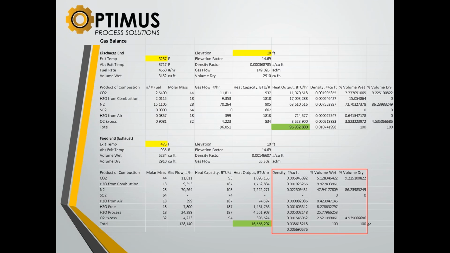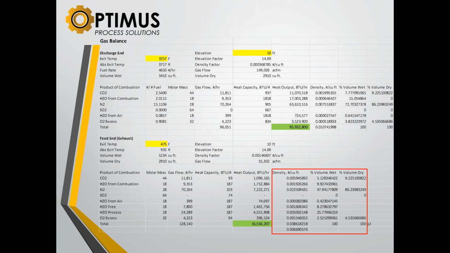We know how many pounds of CO2 there is, oxygen, water, etc. And from these numbers, you can calculate the ACFM or SCFM, as you so desire: the actual flow at temperature or the standard conditions. It gives you a good idea what's going to your ID fan.